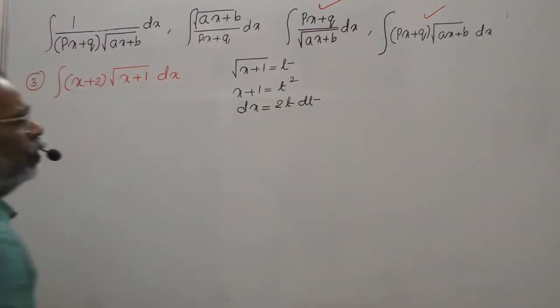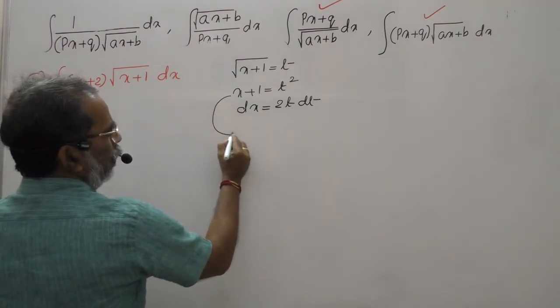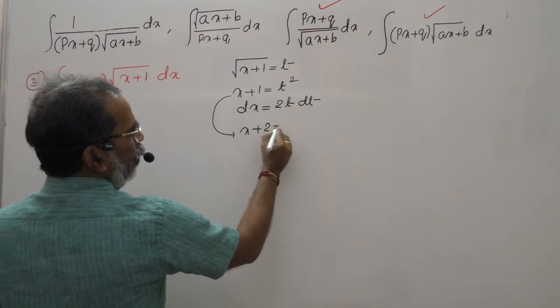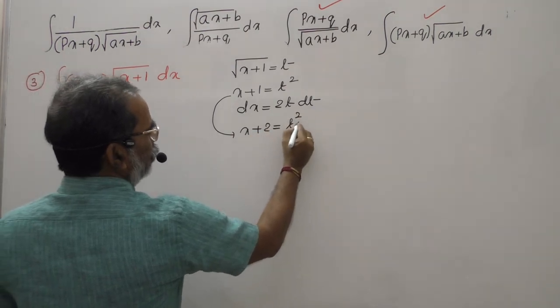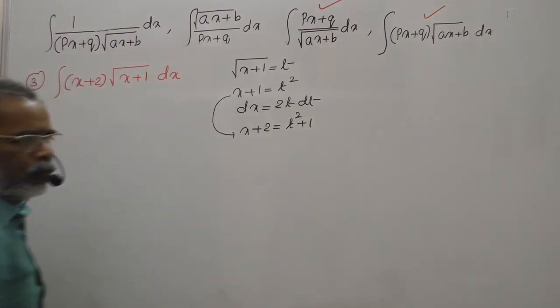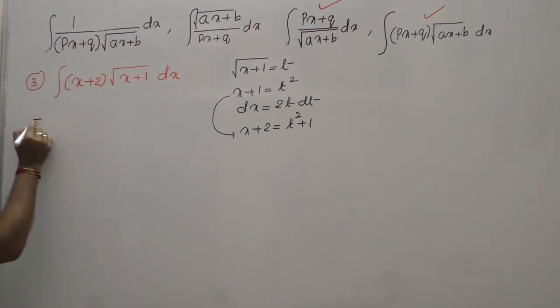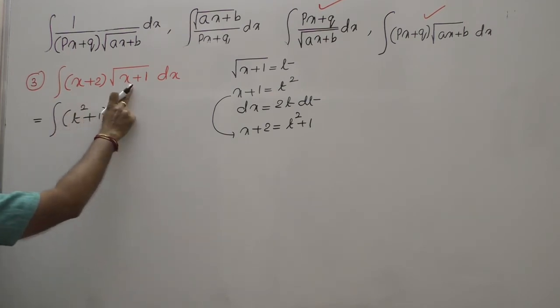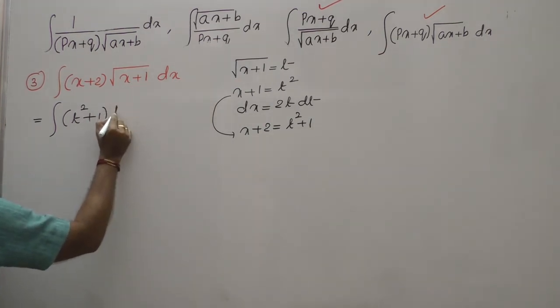Also x plus 2 is there now. Therefore from this, x plus 1, I will add 1 on both sides. Obtained x plus 2. Very simple. Therefore this is the integral. What is x plus 2? It is t square plus 1. What about this? This is t.